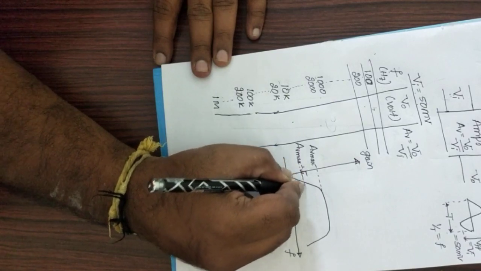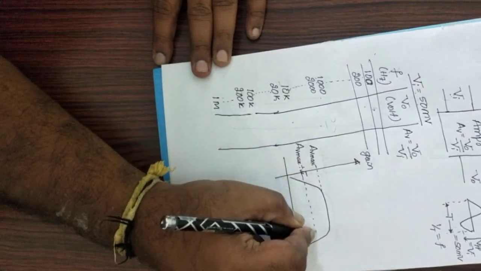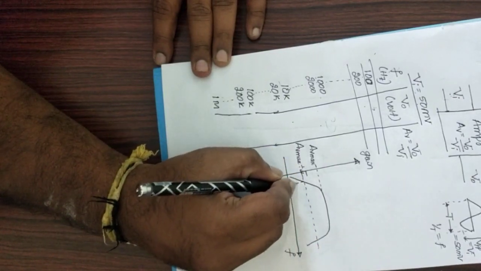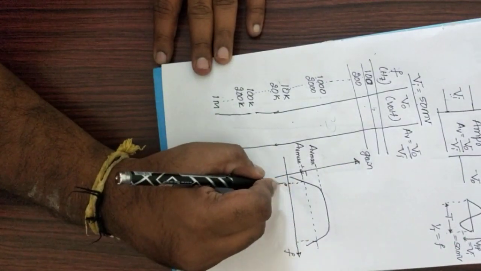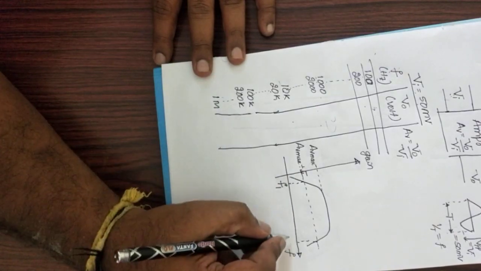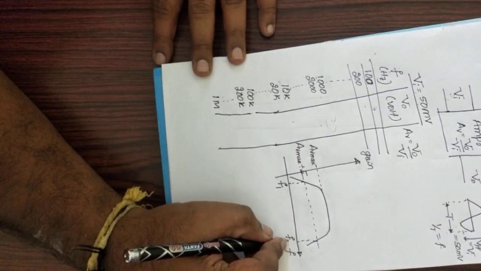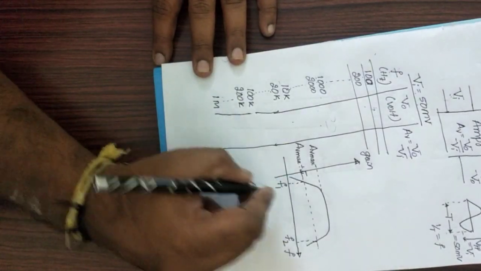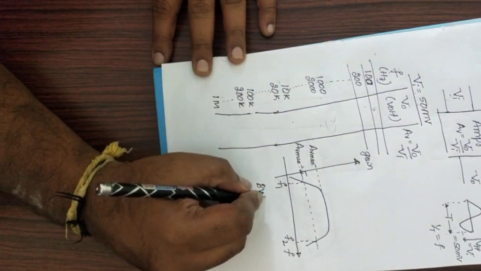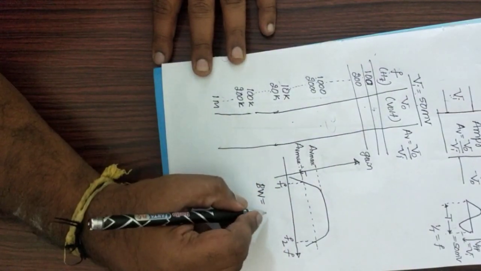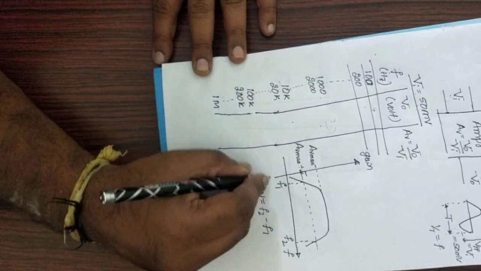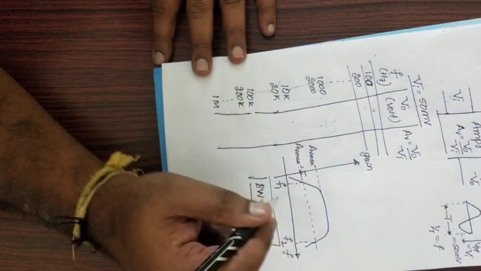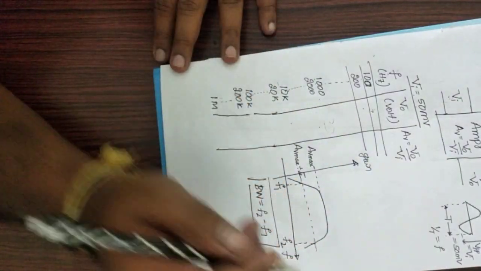From that value, I draw a horizontal line that touches the curve at two points, where I get two cutoff frequencies. The first is the lower cutoff frequency F1, the second is the upper cutoff frequency F2. The difference between the two cutoff frequencies is the bandwidth, that is F2 minus F1. This is how we calculate the bandwidth of an amplifier.